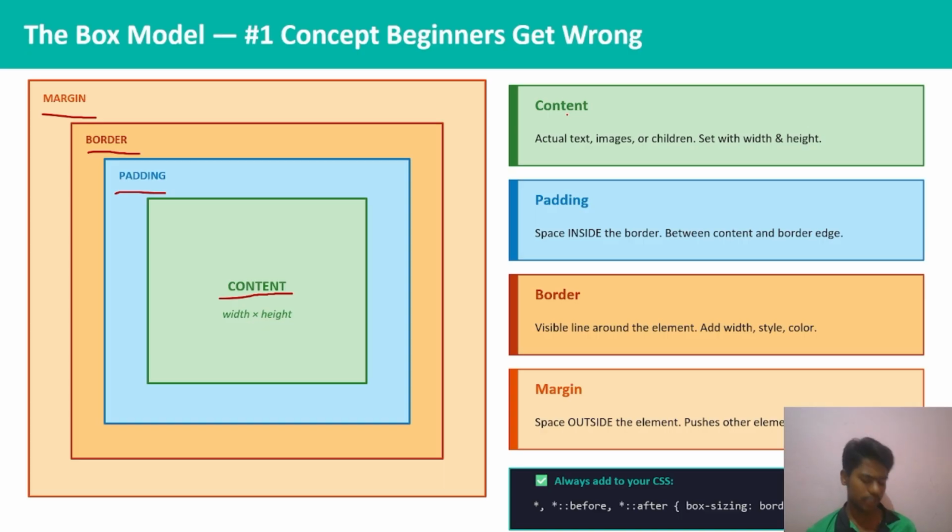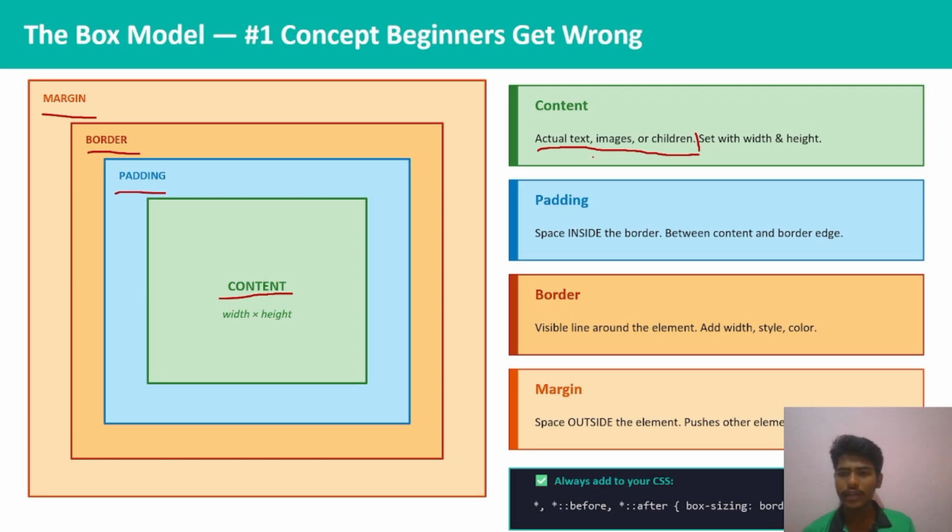First of all, you need to understand what the content contains. It contains the actual text, images, or children. It may contain not only these, but anything. I am just giving these three as examples.